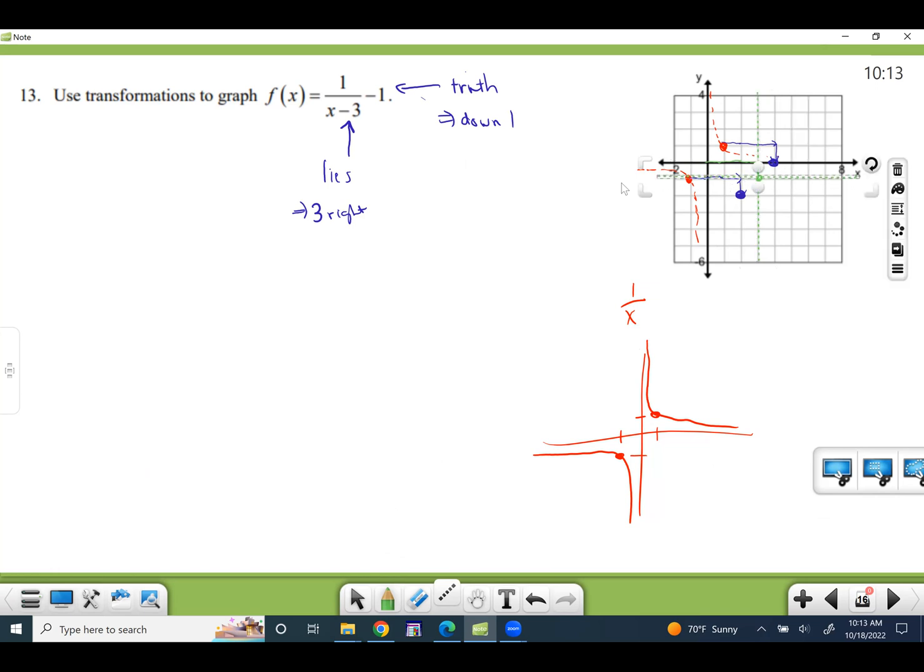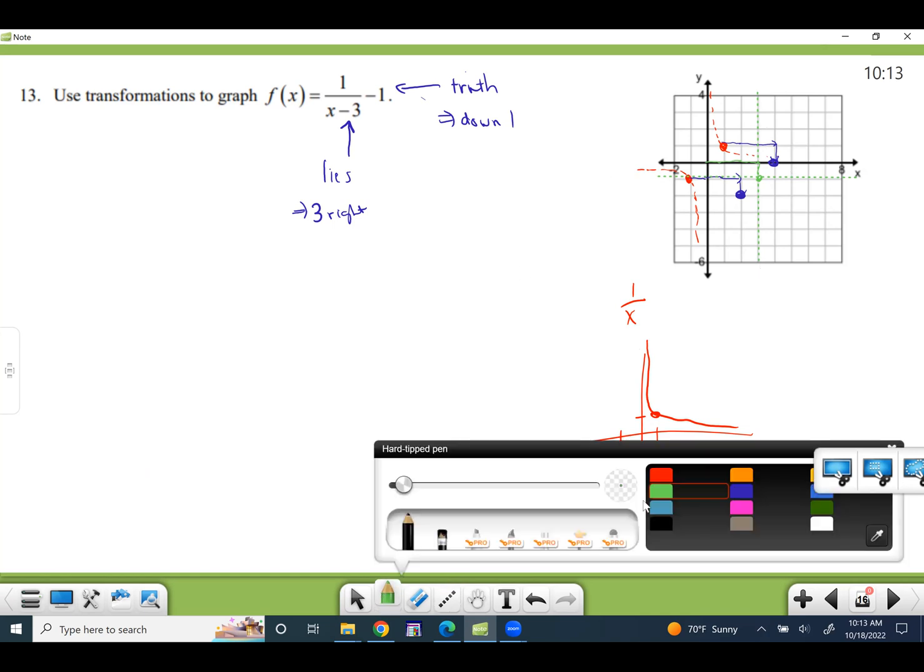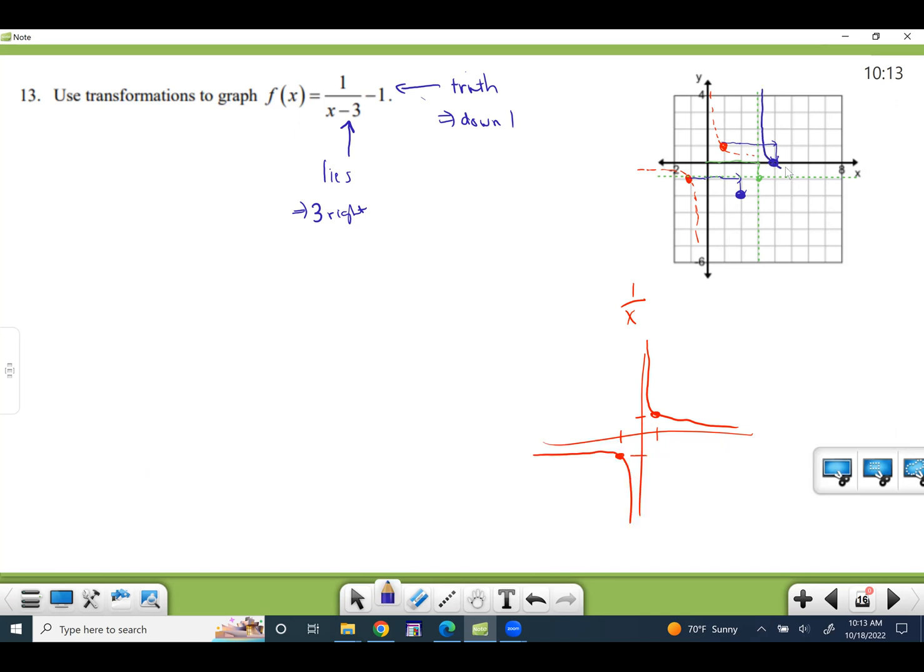So it's almost like you took the XY axis and you moved them, right? You just picked up these two axes and you went right 3, down 1. And here's where the new axes are. So now I'm ready to kind of fake it, if you will, but it's going to be pretty spot on. There is our graph, the blue. It's not dotted, which means it's the final answer.